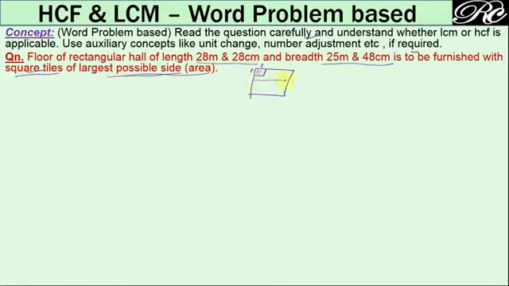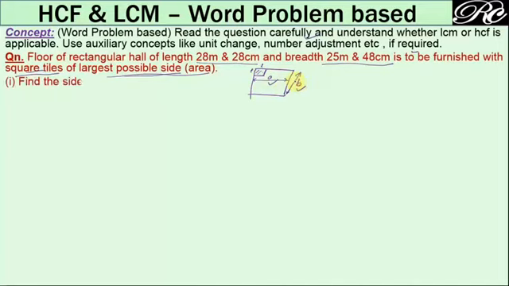If we consider the length of this hall as A and this breadth as B, then this side length L should be common to both A as well as B. Therefore, something common to both A and B is required, or a common number which can divide both A and B is required. So in such a case, for calculating the side length of tiles, it will be the HCF of A and B only.